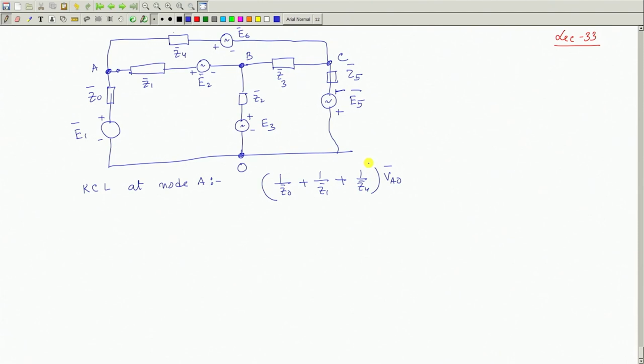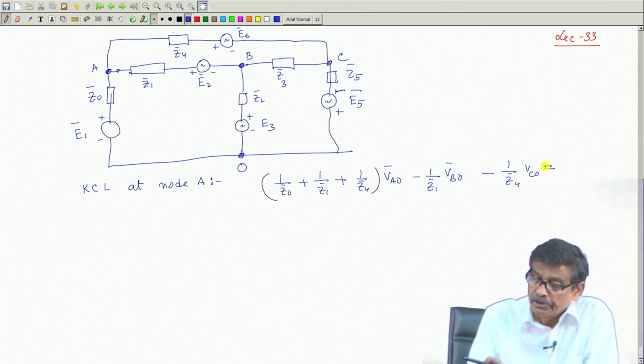All will be phasors here. Similarly, the coefficient of VBO will be the common impedance between A and B, that is Z1, so minus 1 over Z1 into VBO, and the coefficient of VCO will be the impedance in this branch, that is Z4, so minus 1 over Z4 into VCO. And this will be equal to, dimensionally the right hand side should be currents and sources should be involved.